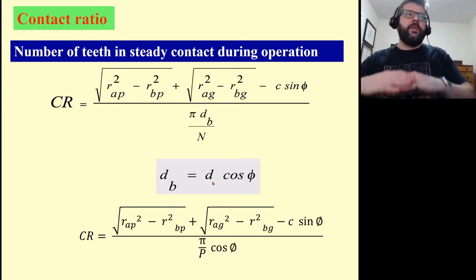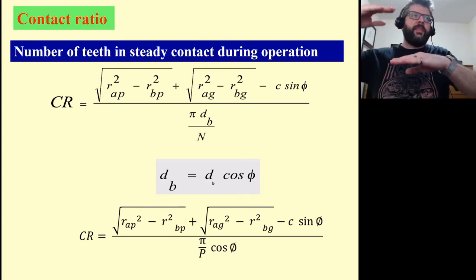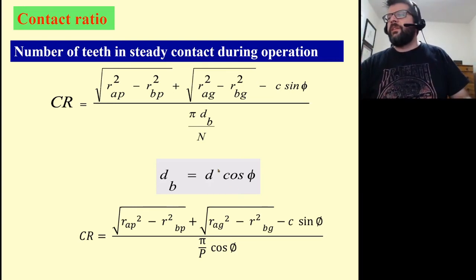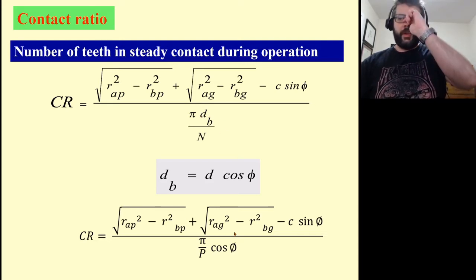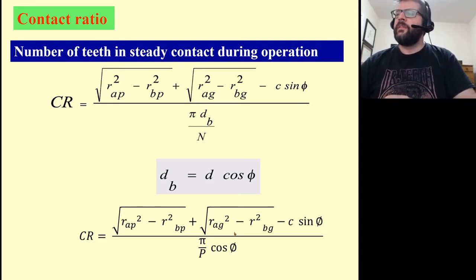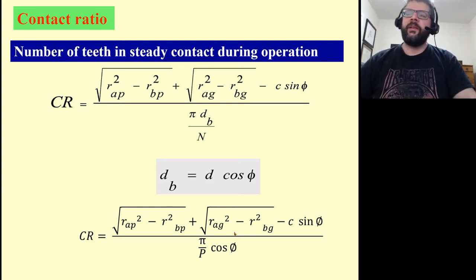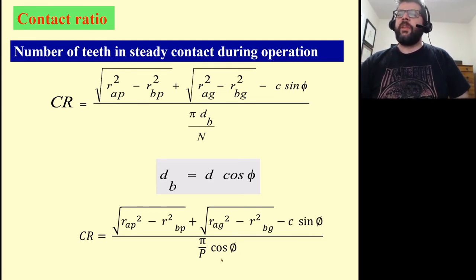So the point that's right between the dedendum and the addendum, that is cos of the pressure angle. We can take that value and plug it in here. Then we'll have pi cos phi D over N. Since we're plugging that in, P is equal to N over D, so we can plug in our P value.